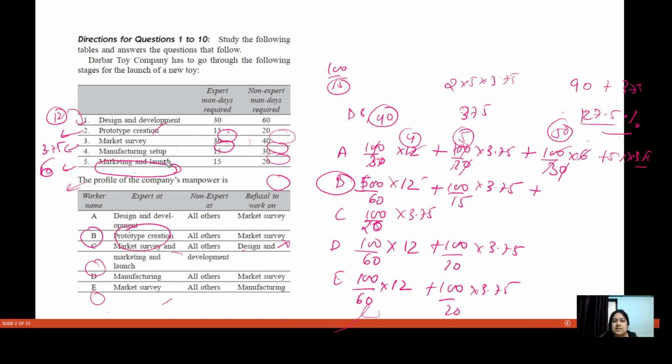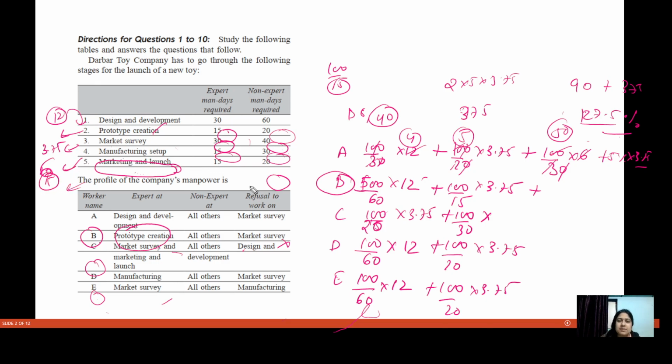Now let us go for market survey. Now who is expert at market survey? C is expert at market survey and E is expert at market survey. Okay, so let us add C's expertise here. Now any expert is able to do 100 by 30 of the work, into how many days they are working? For market survey, they are working for 15 days.